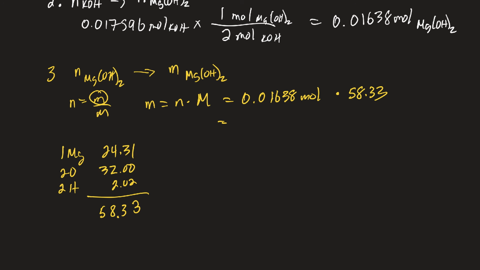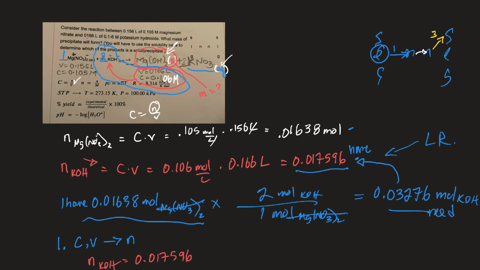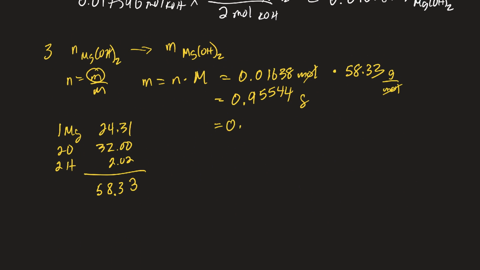There we go. 0.95544, etc. grams. This is grams per mole. So in the question, looks like I have 3 sig figs everywhere. So it'd be 0.955 grams.